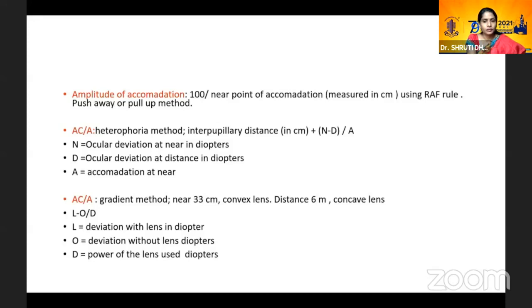And if you're measuring at distance, which is at 6 meters, use concave lenses. And here the formula is L minus O divided by D, where L is deviation with the lens in prism diopters, O is deviation without the lenses in prism diopters, and D is the power of lenses used in diopters. All of this is done binocularly and using the full correction, that is their full myopic correction.